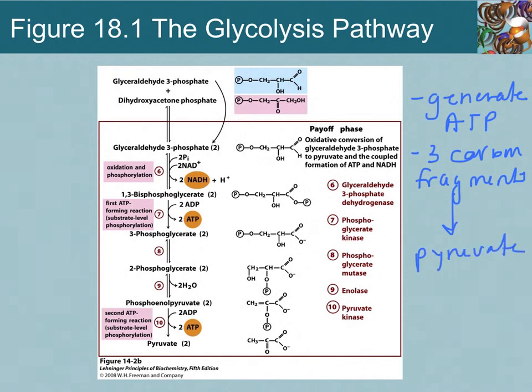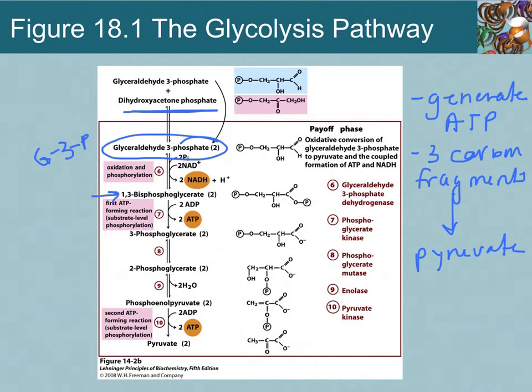Glyceraldehyde 3-phosphate can be used directly. Before we enter the second phase, we're going to talk about how dihydroxyacetone phosphate is converted into G3P. Then G3P is oxidized and phosphorylated to give us 1,3-bisphosphoglycerate.